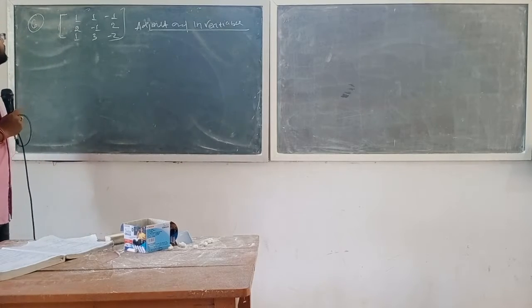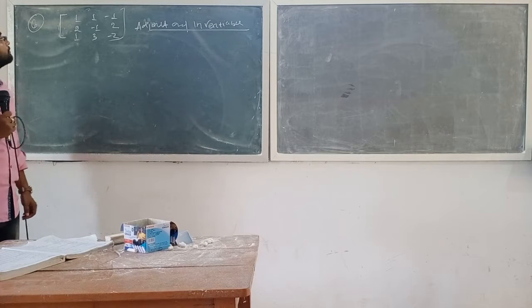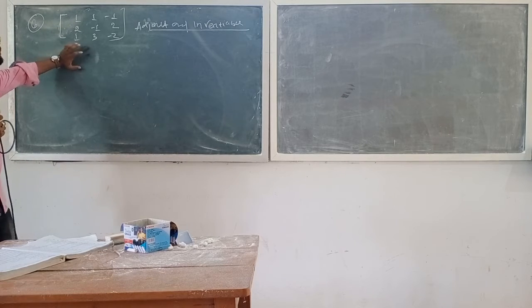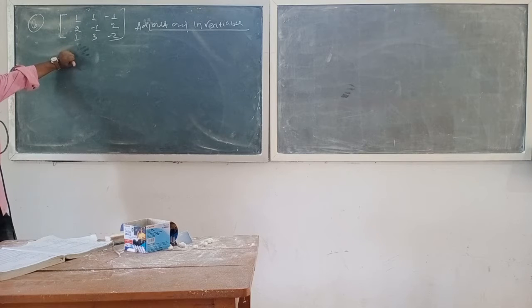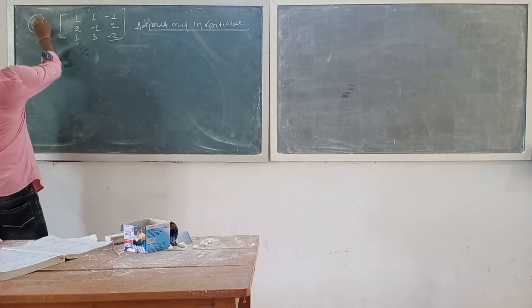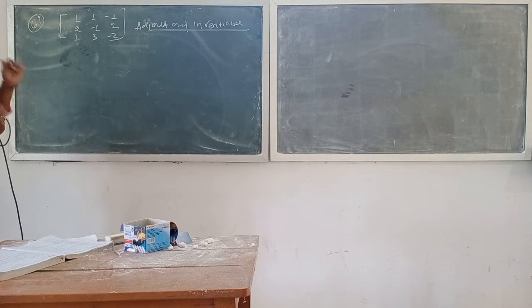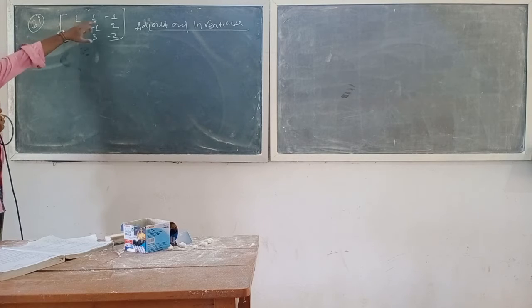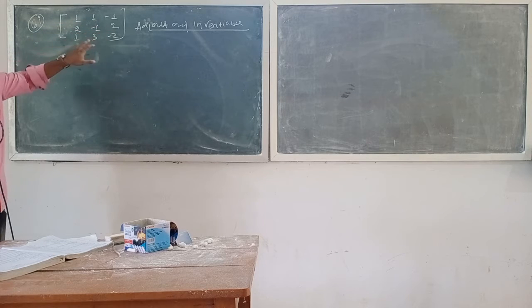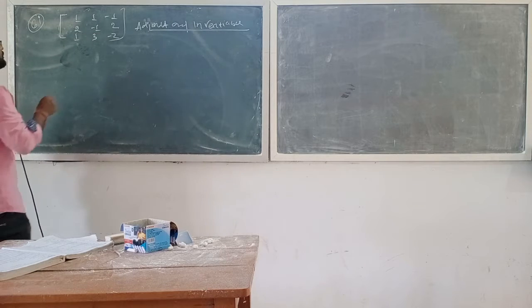Question number 6 will be given. Find the adjoint of the matrix. And how to find the adjoint of a given matrix. Question number 5: 1 1 minus 1, 2 minus 1 2, 1 3 minus 2, and find out the adjoint.